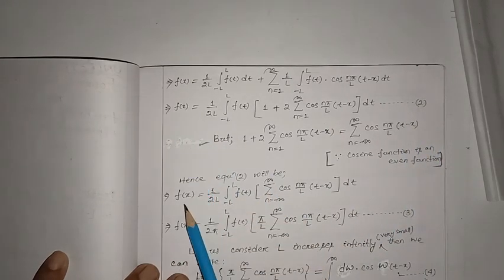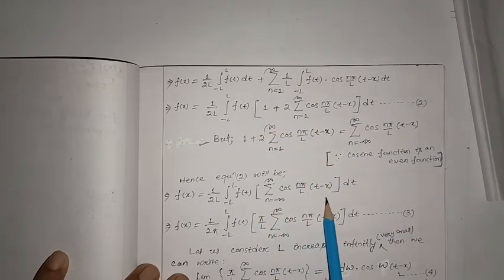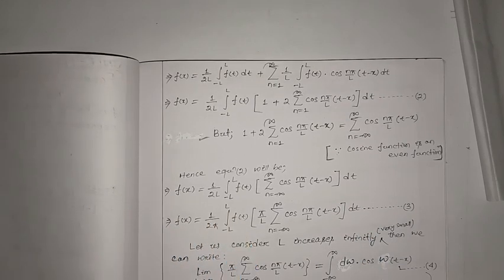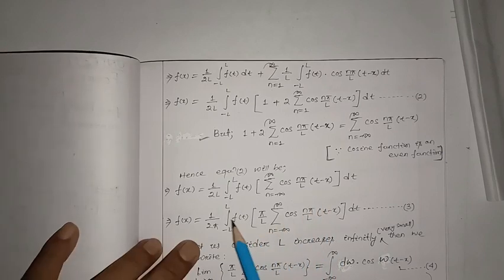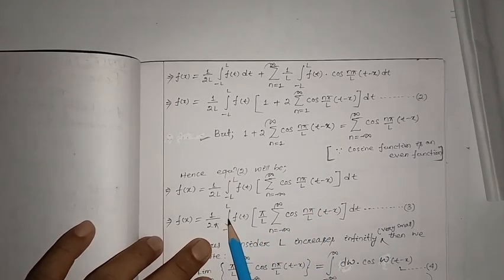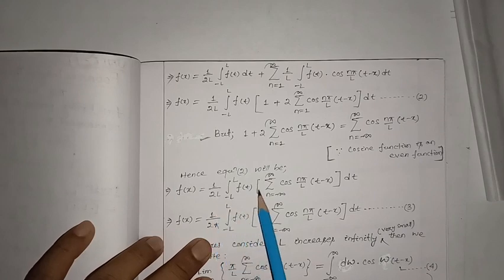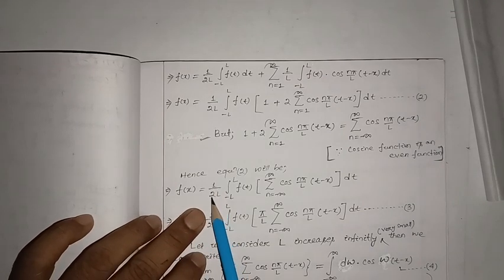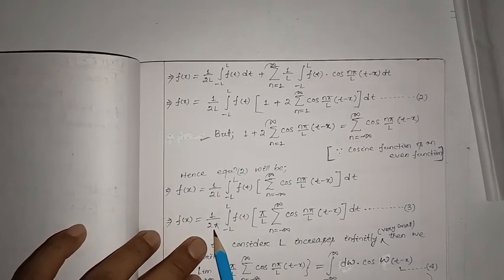Okay, hence equation number 2 will be f(x) equal to 1 by 2L integral from minus L to L of f(t), this much will be substituted, and this much dt. Okay, f(x) equal to 1 by 2 pi integral from minus L to L of f(t). Here you can see that we considered 1 by 2 pi, that means I taken L inside, pi I multiplied, meaning at the denominator pi is multiplied, so at the numerator I have to multiply pi, so pi by L. Carefully watch, 1 by 2L is there, here I wrote 1 by 2 pi.